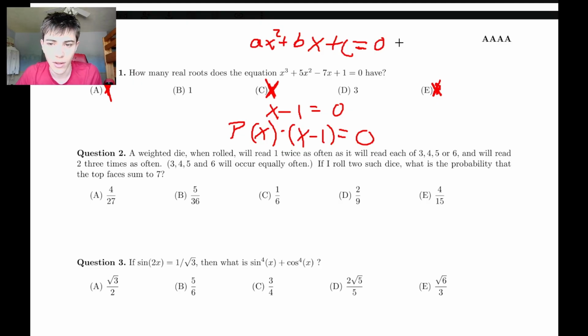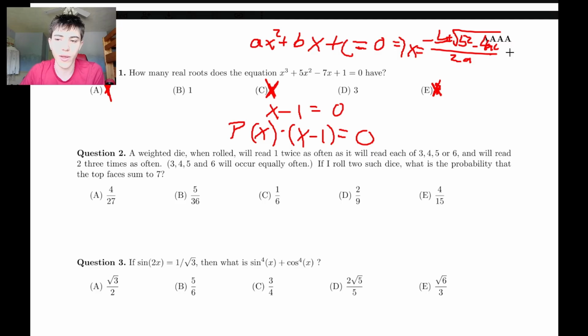Anyway, this would have roots x equals negative b plus or minus the square root of b squared minus 4ac all over 2a. Now notice that the only way that this can have real roots is if b squared minus 4ac is greater than or equal to 0.